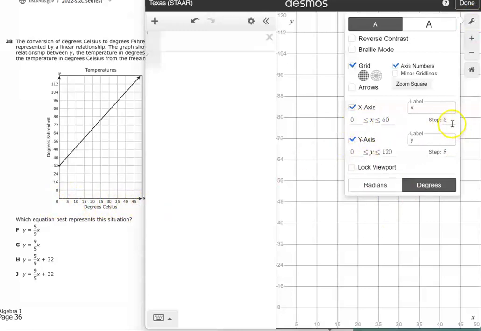And I am using a step of 5, and that will give me a scale of 5 on the graph. For the y's, I went from 0, and I did go all the way to 120, because it does have one more space here. And it looks like these are counting by 8, so I used a step of 8. Now the graph looks much more similar to the one on the paper.